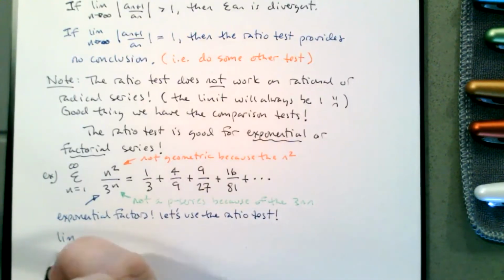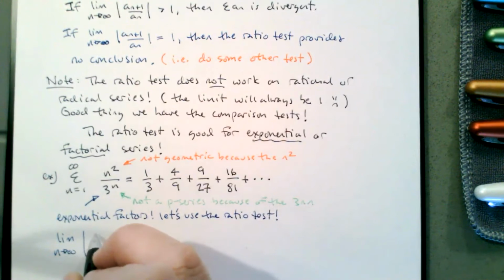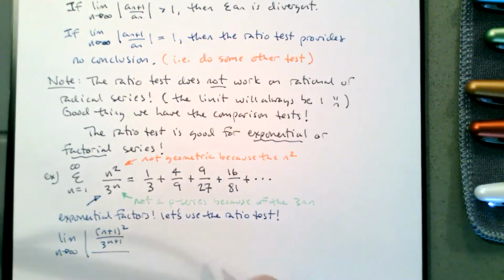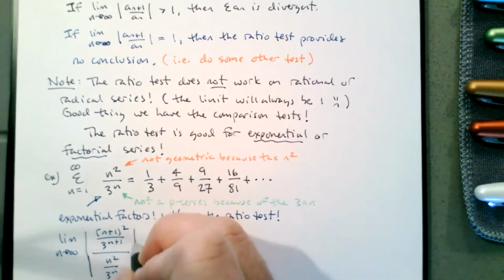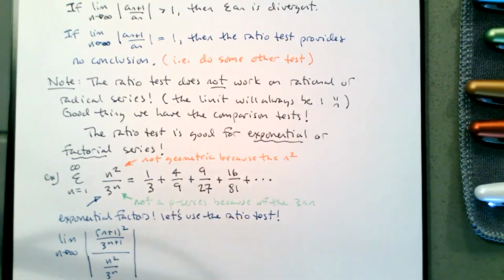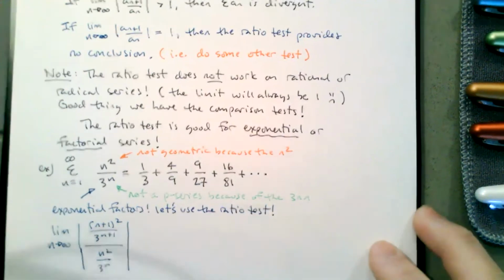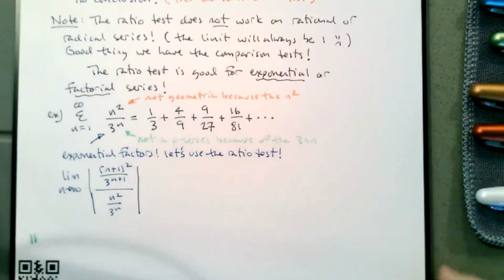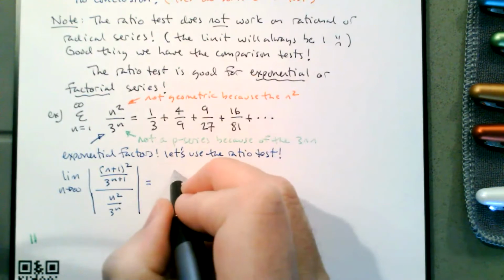So we'll take the limit as n goes to infinity of the absolute value of a n plus 1 over a n. So n plus 1 squared over 3 to the n plus 1, over n squared over 3 to the n. If we simplify this expression, we'll have the limit as n goes to infinity.